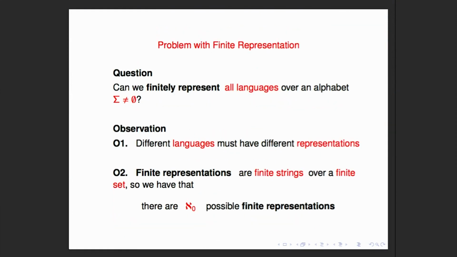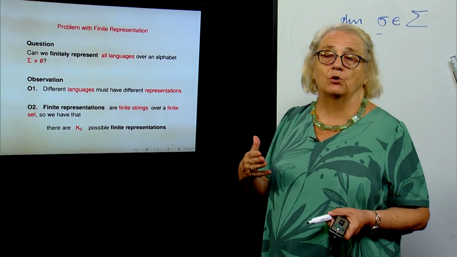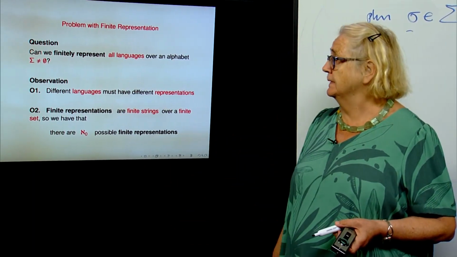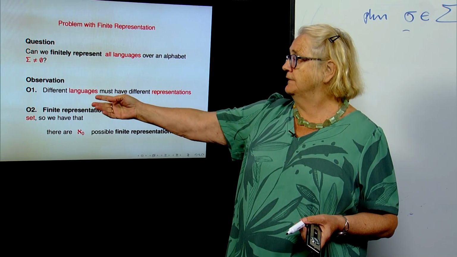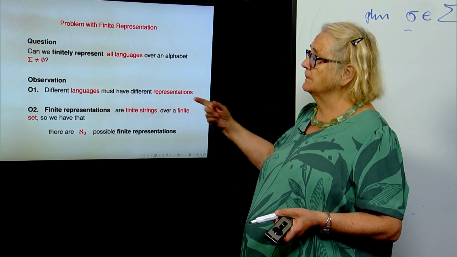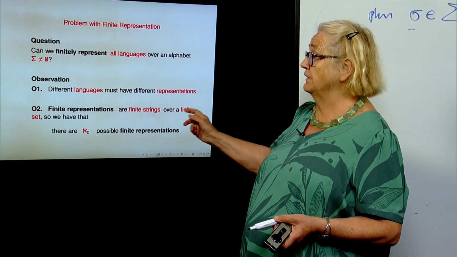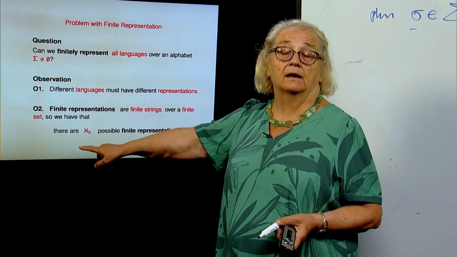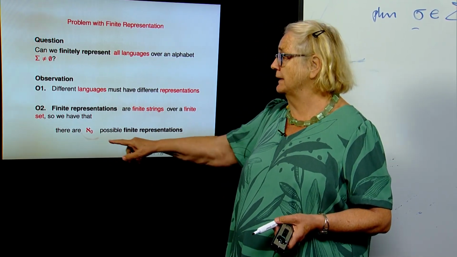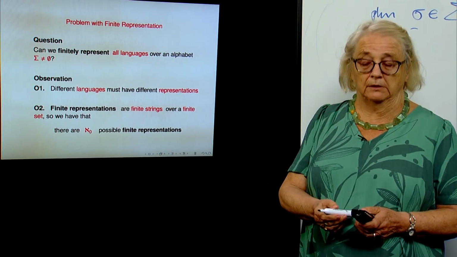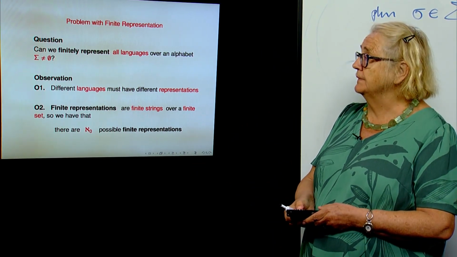So the question is, can we finitely represent languages over the alphabet? And of course, we want different languages to have different representations, and finite representations are finite strings over the finite set, so there are countably many, infinitely countably many possible finite representations.